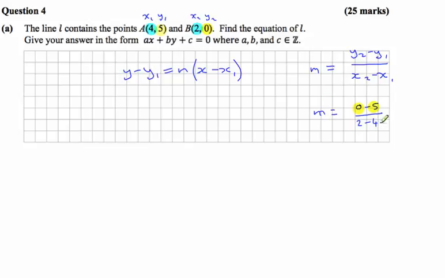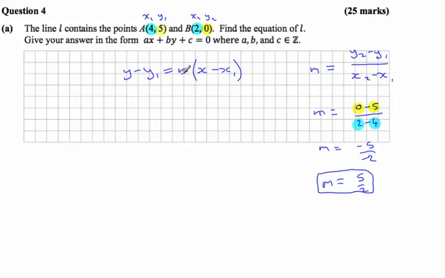When we put that in our calculator, we get minus 5 over minus 2, or just 5 over 2. So that's our slope, 5 over 2.